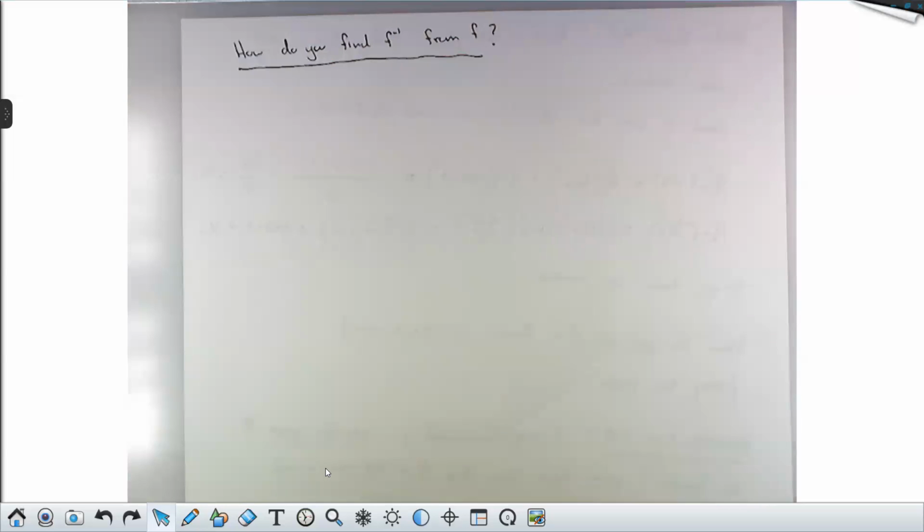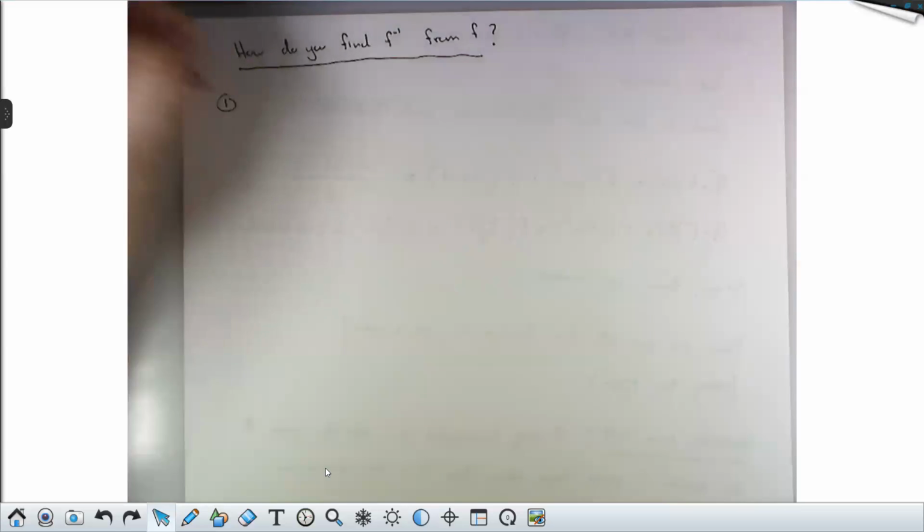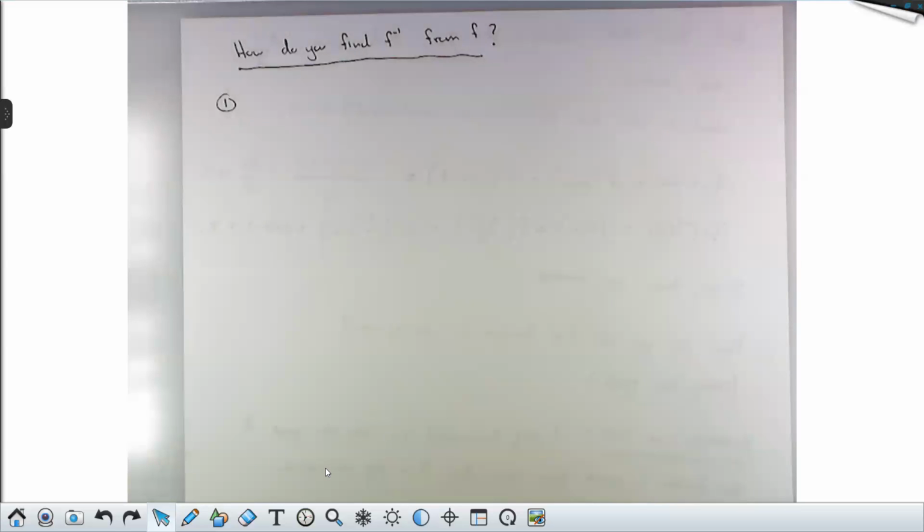How do you find an inverse? So if I give you the function f, give you the algebraic representation of the function f, like a formula for f of x, how do you find f inverse? Well, here's a procedure. I've got 5 steps for you.